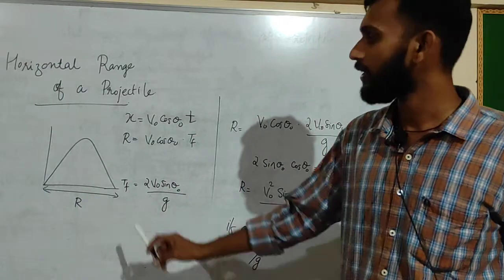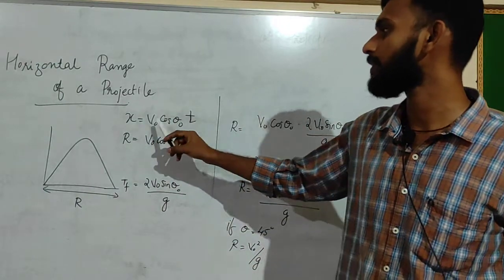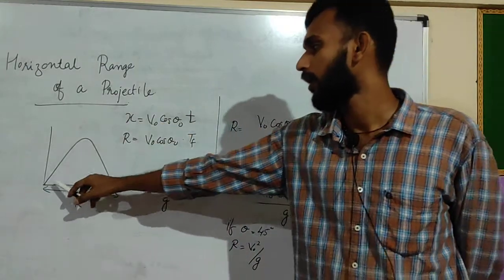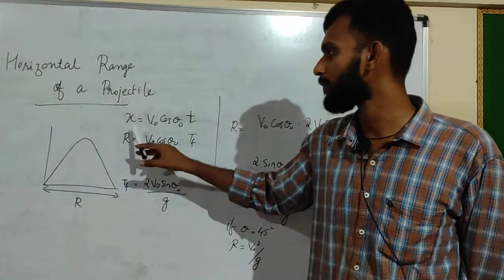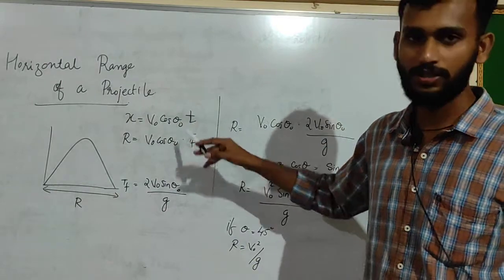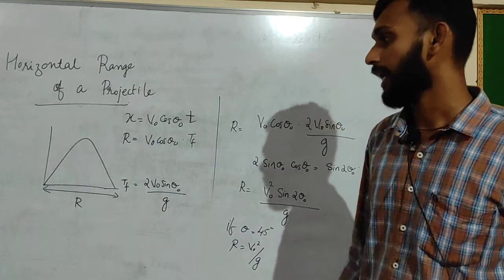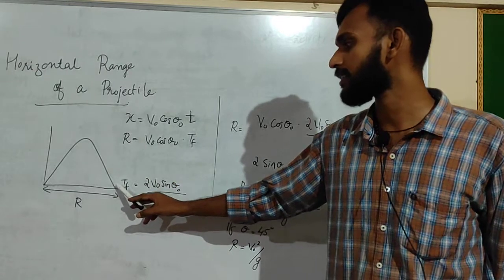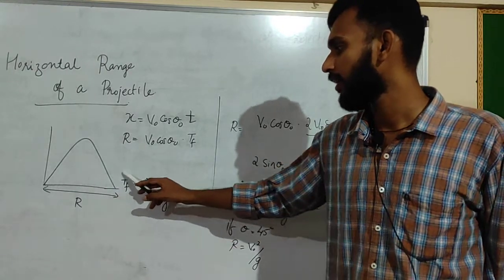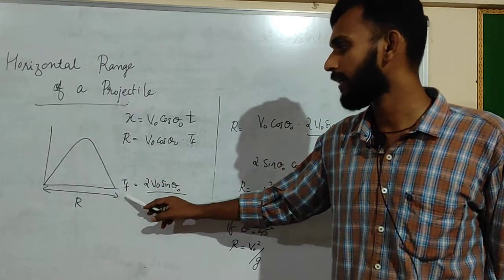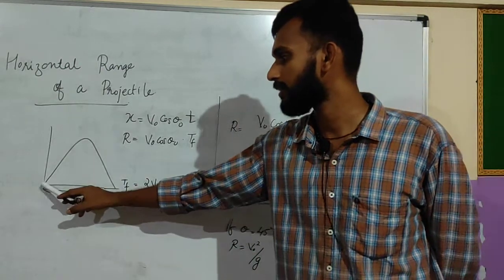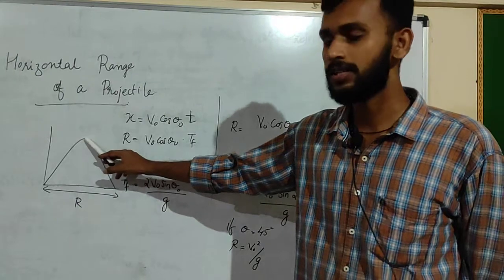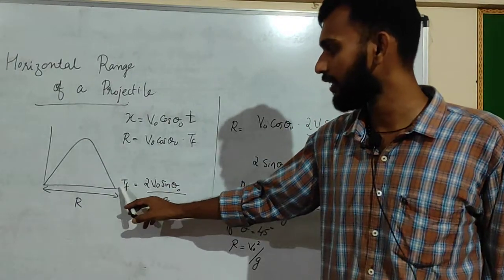As we know, x at a particular time is equal to V0 cos theta 0 into t. The x component of the displacement is V0 cos theta 0 into t. As we are considering the maximum range, when it reaches, that means whenever the time becomes the time of flight, that is Tf.